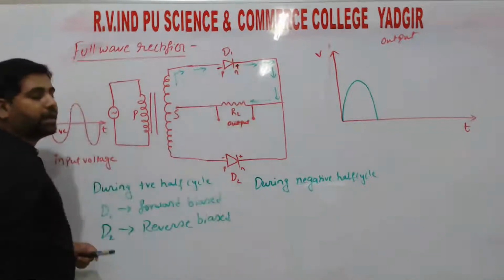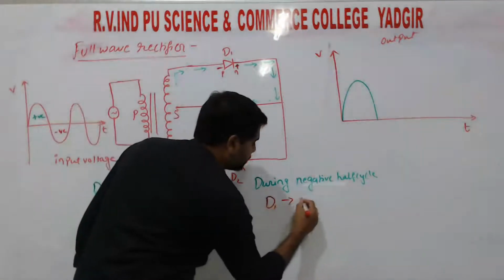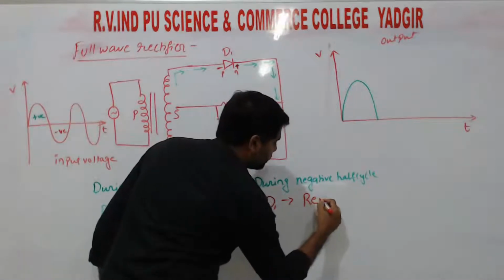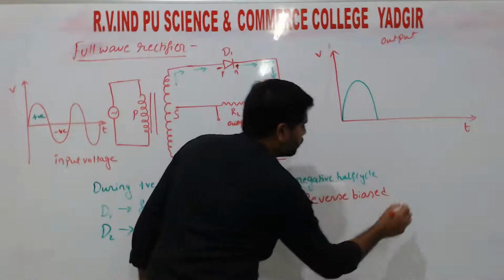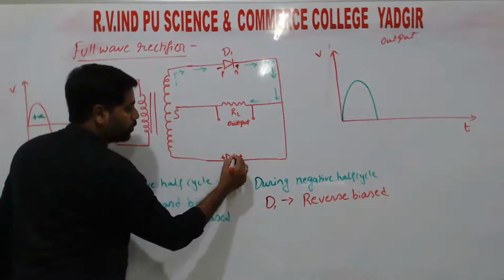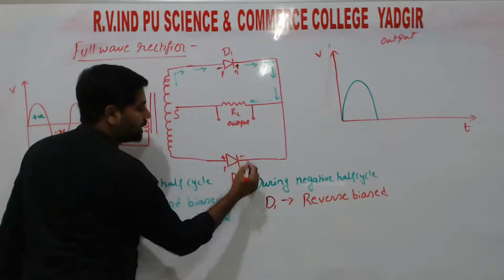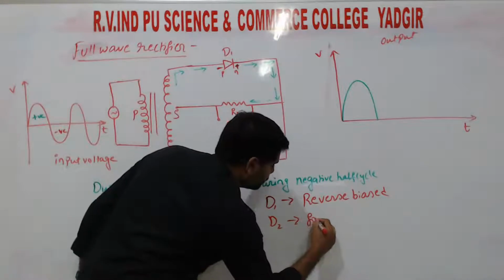That means D1 is reverse biased. Then for D2, P becomes plus and N becomes minus, so that means D2 is forward biased.